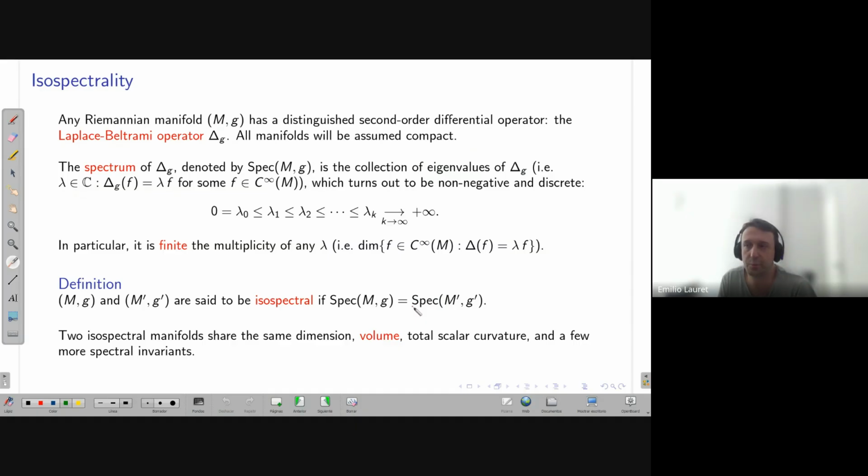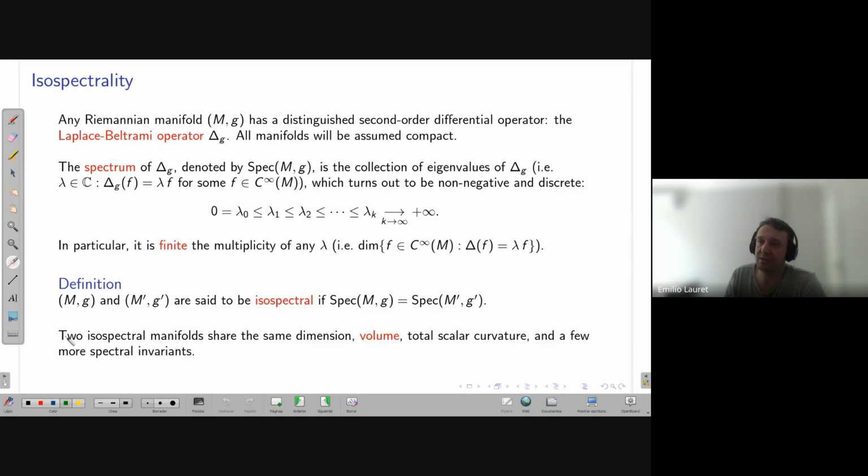A very famous paper that popularized this problem is Can One Hear the Shape of a Drum, using a physical interpretation that the spectrum encodes in some way how a drum, or a Riemannian manifold, sounds when one hits it. I will not talk much about this.